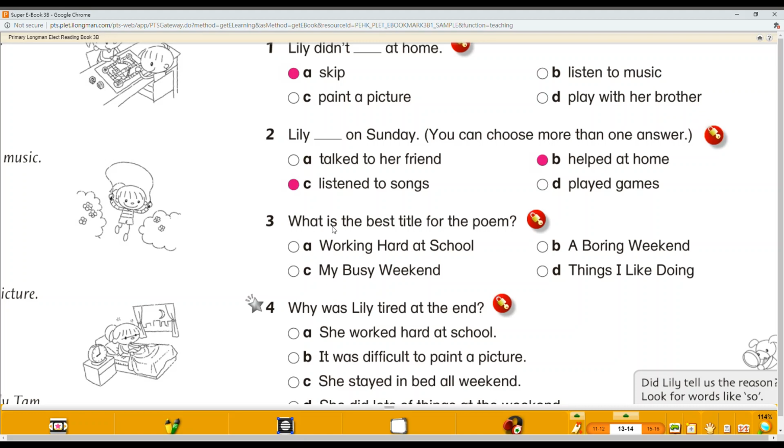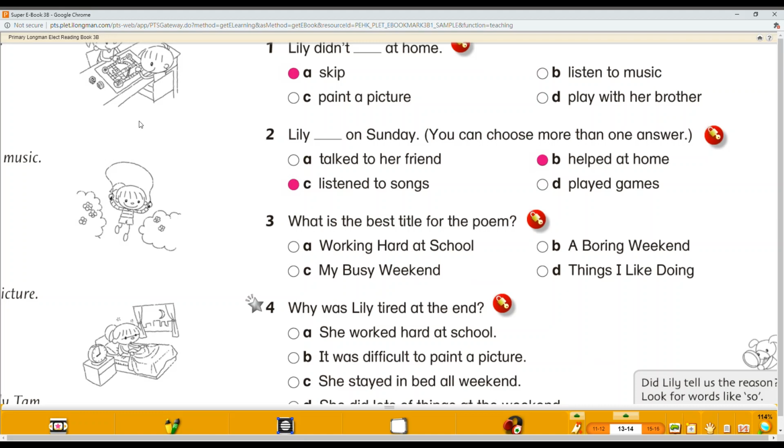Number 3. What is the best title for the poem? Working hard at school? She didn't just work hard at school, she worked hard at home as well. A is wrong. A boring weekend? No. My busy weekend? Yes. And D, things I like doing.